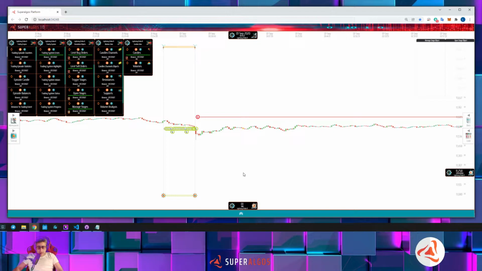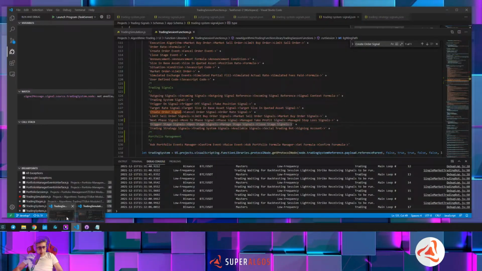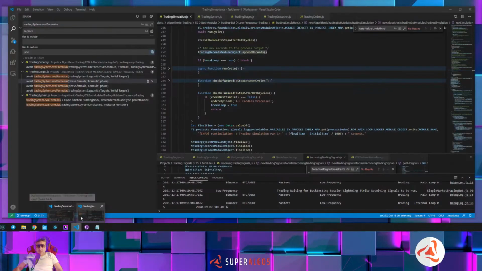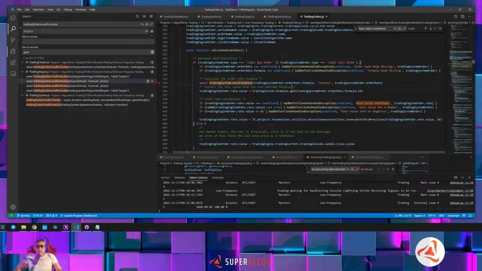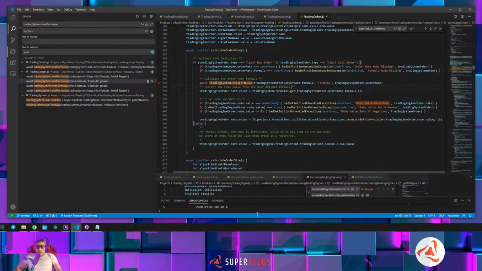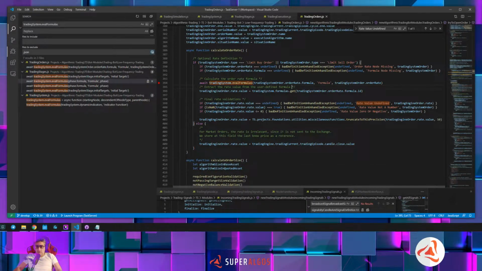Okay, so let's check out the code again. We will be using this task server 1. Okay, and here, I will not need this for now.